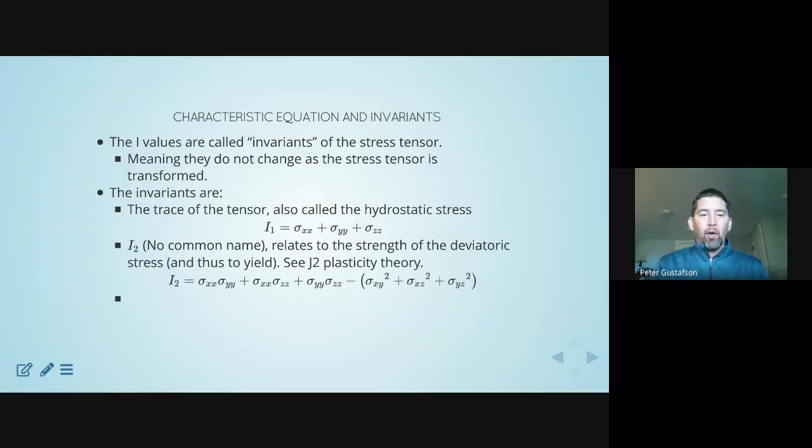If you take the advanced structural mechanics class, AE5100, we'll get into this in a lot more detail, but this is a driver of plasticity in a material, especially in a ductile material. And then last but not least is I3. This one's extremely common. You've heard of it before, the determinant of the tensor. And that's, of course, the determinant of the original stress tensor, not the modified stress tensor.